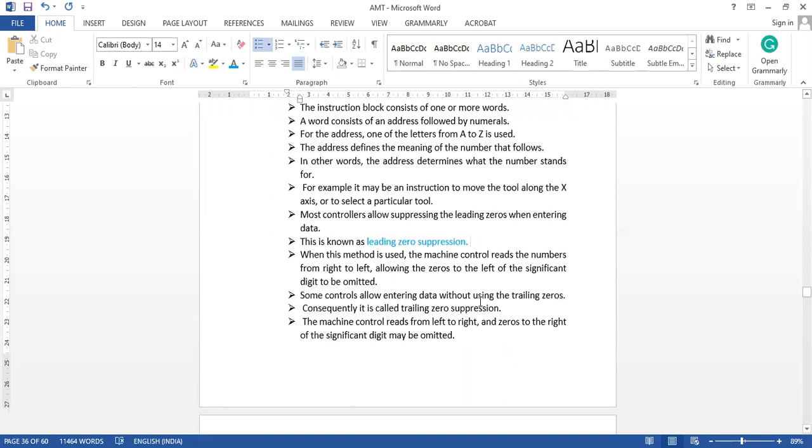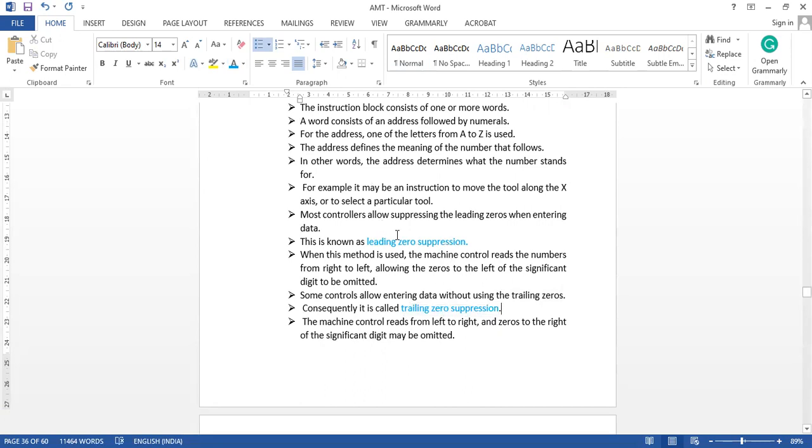Some controls allow entering data without using the trailing zeros. Consequently, it is called trailing zero suppression. So there are two types: leading zero suppression and trailing zero suppression.